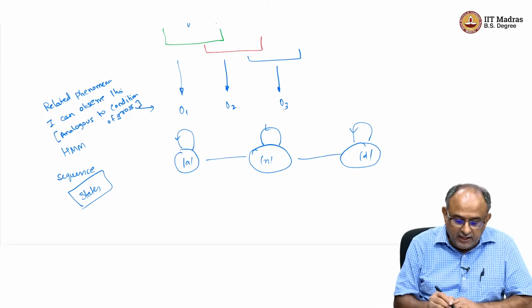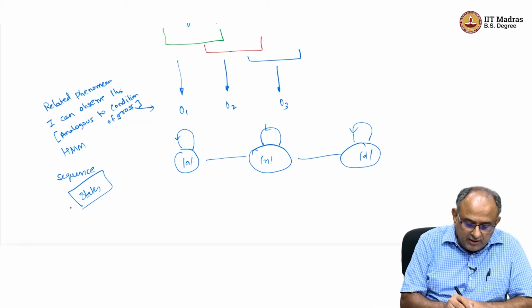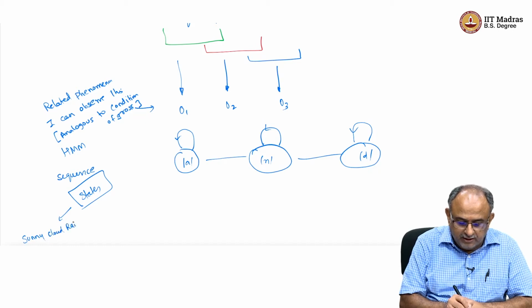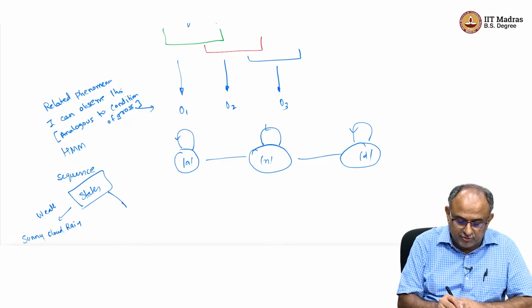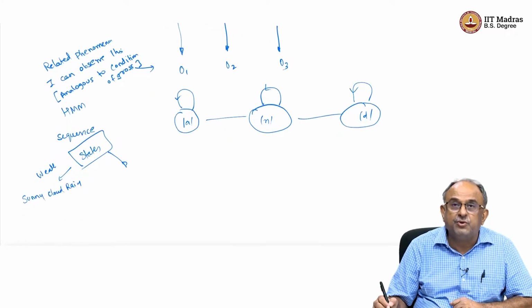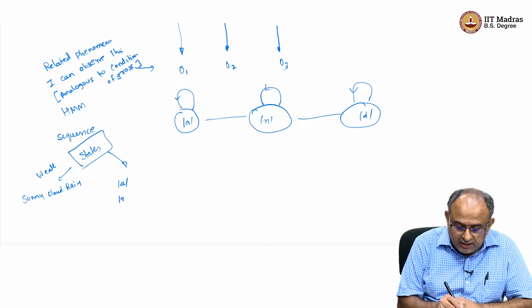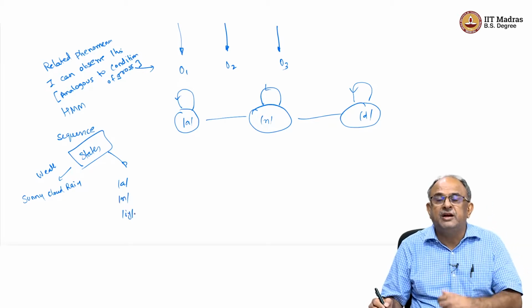In the weather case, the states were sunny, cloudy, rainy. In the case of the hidden Markov model for speech, we do not know the underlying sounds. Is it a, is it n, is it e? We do not know these; they are hidden from us.